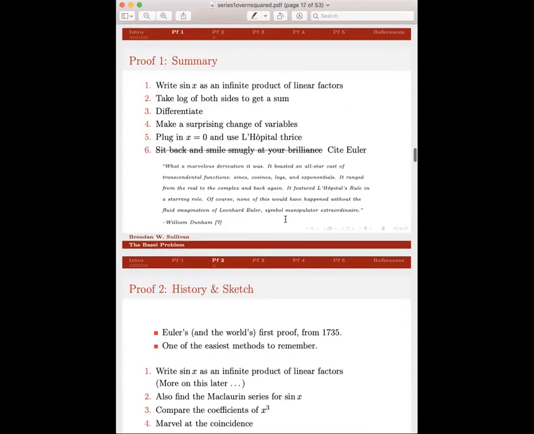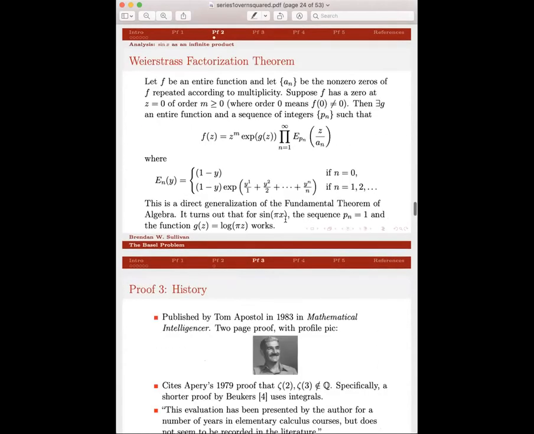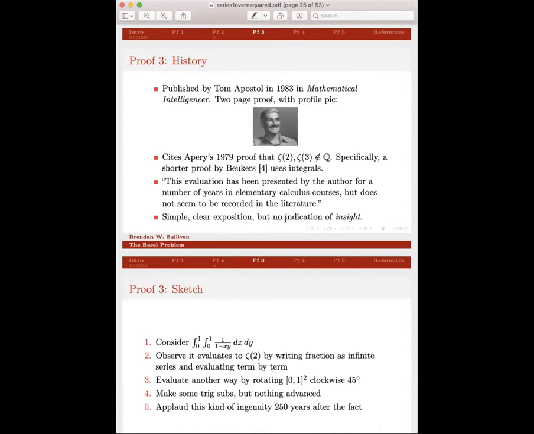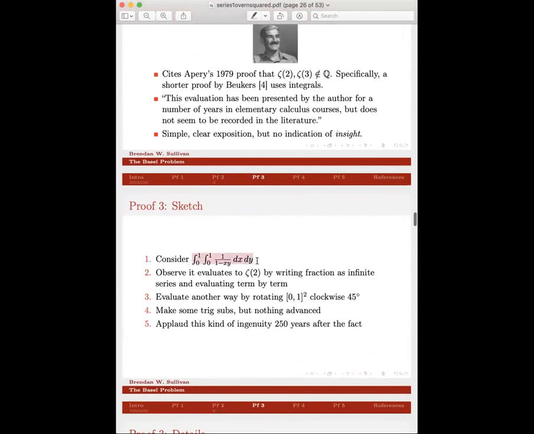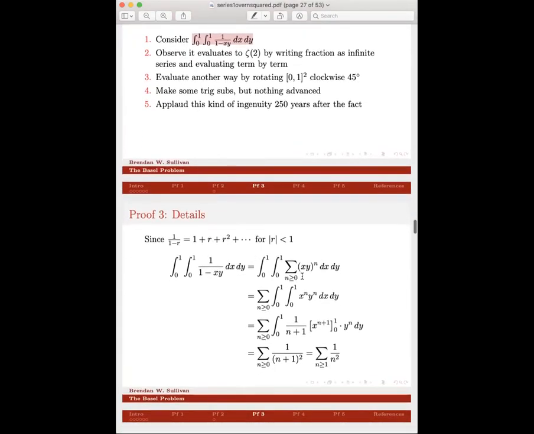And how would one go about doing it? There's a nice proof towards the end. There's this proof that came out in 1983, which is easier to digest. The way that he does it is by rewriting it in terms of a double integral. Then he takes you through how to do it.